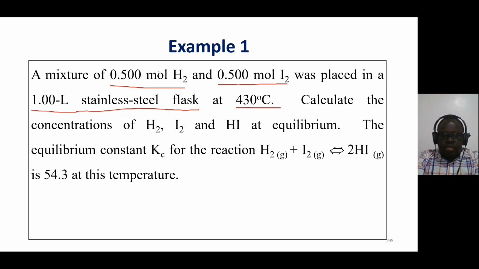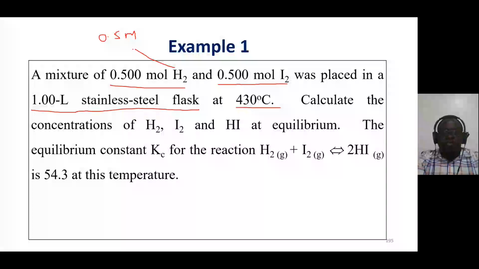So of course here you can calculate the concentration of hydrogen. It's going to be 0.5 moles divided by the volume in liters. So essentially the concentration of hydrogen is 0.5 molar.